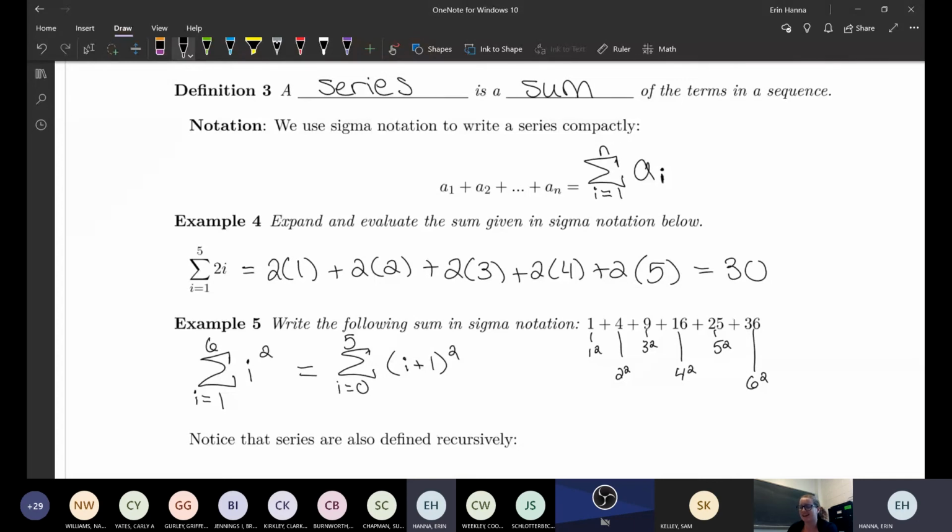Technically that gives me the same thing, and I could just keep being a jerk and keep adding numbers or subtracting numbers and changing my little indexes. Indexes are the words for the top and the bottom thing. But we're always going to go to the simplest one and try to not be a jerk about it. But technically, in general, sigma notation can take a bunch of different forms. Anyway.